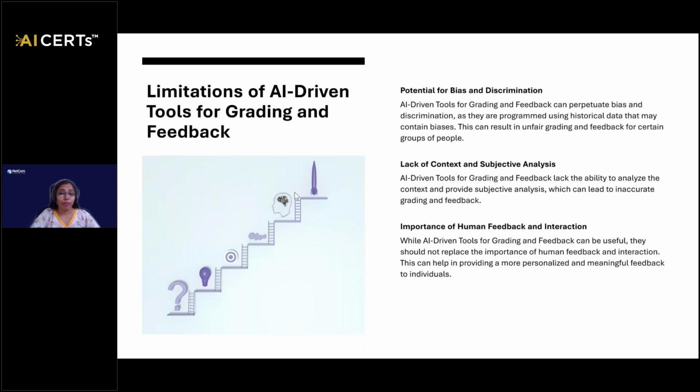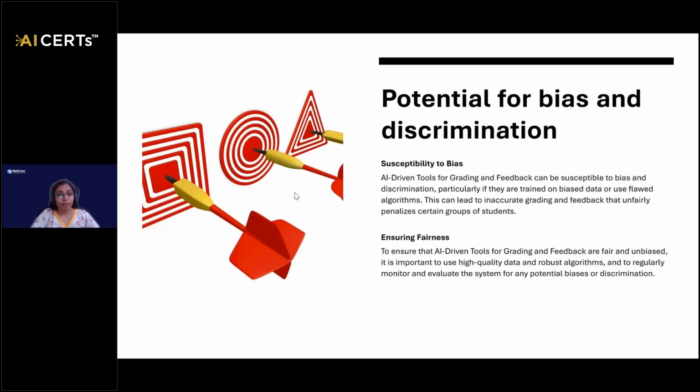Now, potential for bias and discrimination, susceptibility to bias. AI driven tools for grading and feedback can be susceptible to bias and discrimination, particularly if they are trained on biased data or use flawed algorithms. Because my models need to be trained on a variety of information, variety of data.